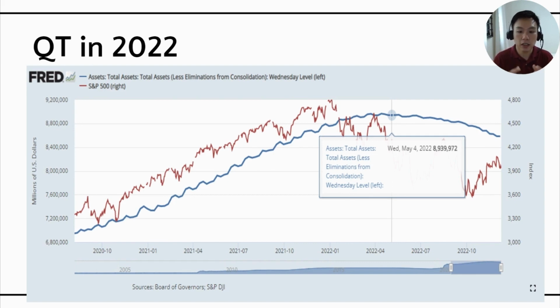They said, okay, we're going to start to kick off this reducing of the money supply in the whole economy to stop the inflation, or to curb this high inflation going on. And you can see from the image itself how the balance sheet started dropping right after they announced that policy.